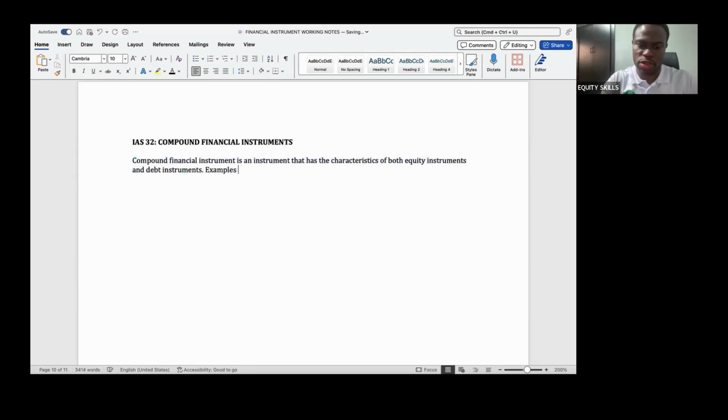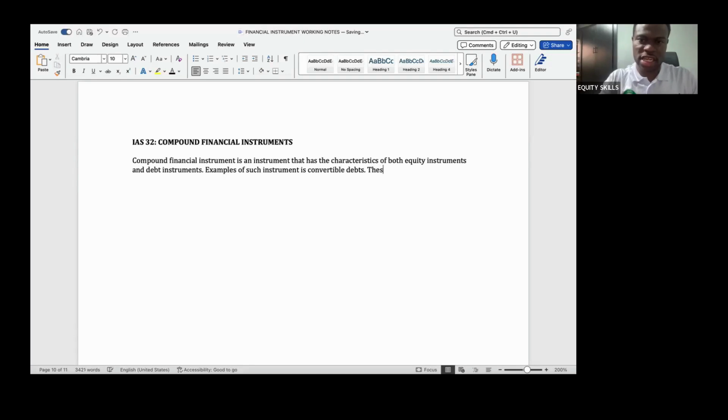And examples of such instruments are convertible instruments or convertible debts.